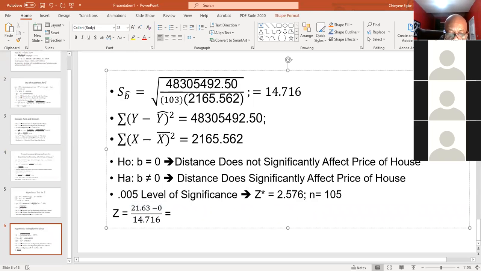And what is the answer for that? 1.469. And so this is Z.